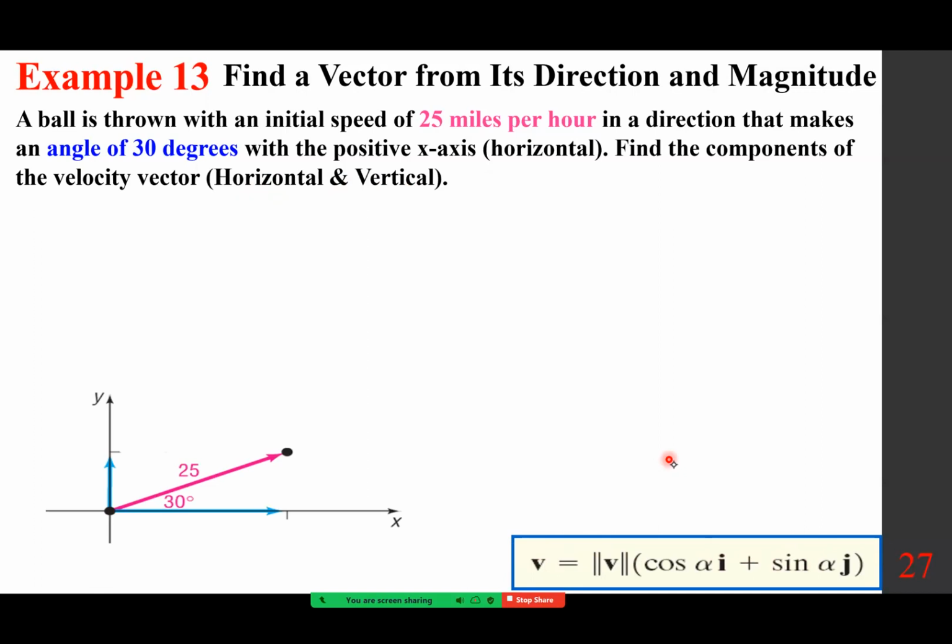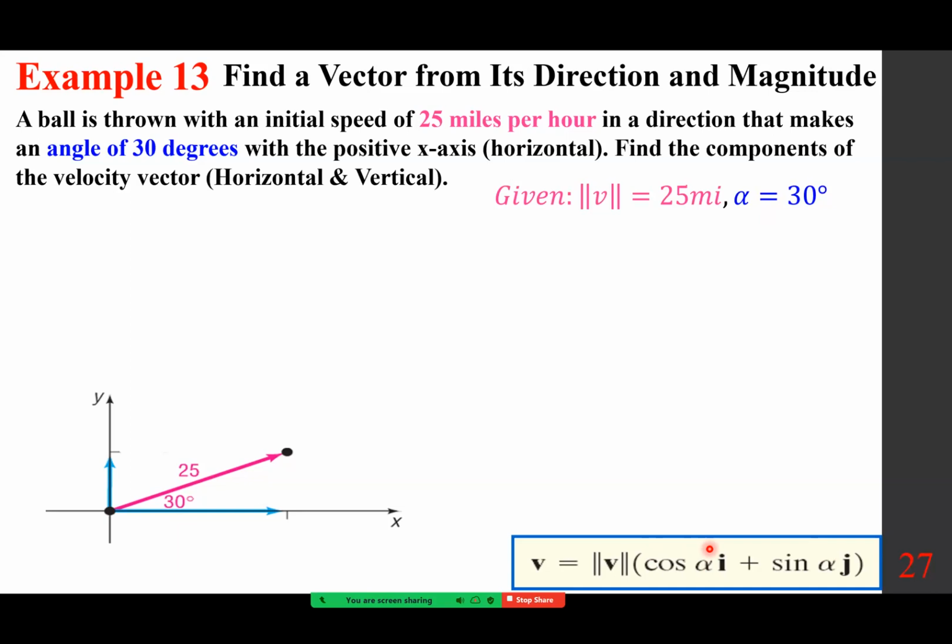So here's how the vector is drawn: a magnitude of 25 miles per hour with the direction of 30 degrees with respect to the x-axis. The given is the magnitude 25 miles with alpha being 30 degrees. According to this formula, we're going to use alpha. Sometimes we use theta or others.